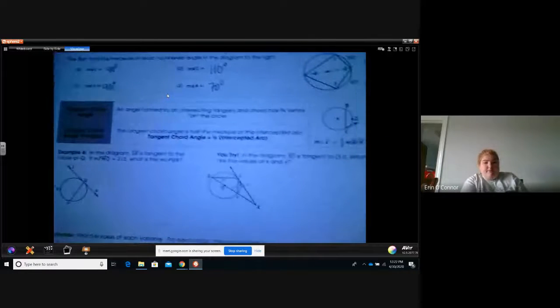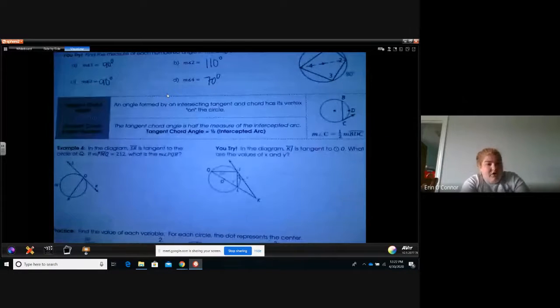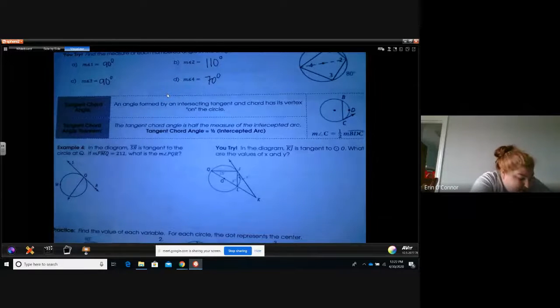Now another theorem. Tangent chord angle. An angle formed by an intersecting tangent and a chord has its vertex on the circle. So here you go. The tangent chord angle is half the measure of the intercepted arc. So kind of like your inscribed angle, this right here, the measure of angle C, is going to be half of this measure right here, this arc measure.